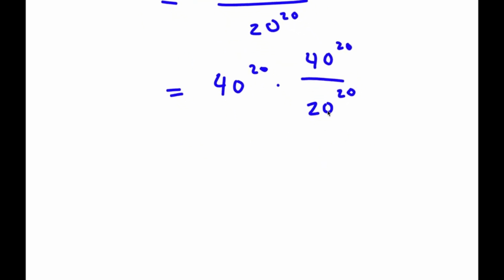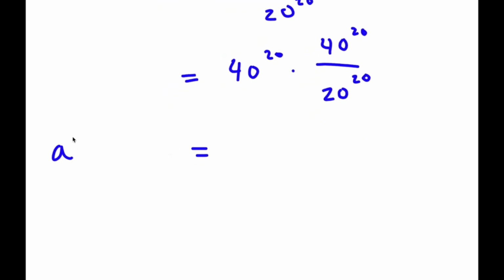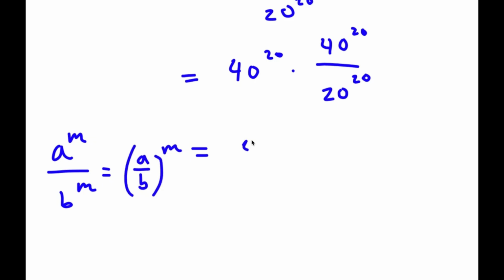And 40 to the power of 20 over 20 to the power of 20, if I have something in the form a to the power of m over b to the power of m, this is equal to a over b to the power of m. So this can equal 40 to the power of 20 times 40 over 20 to the power of 20.